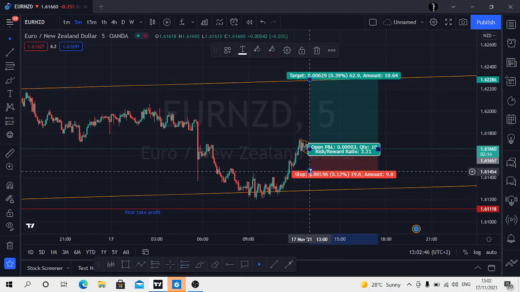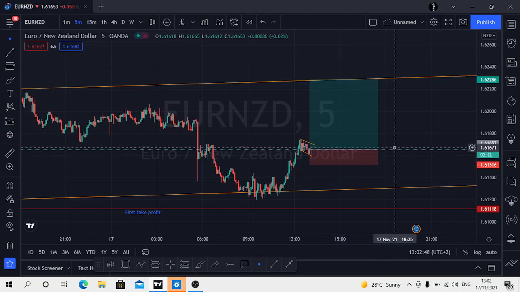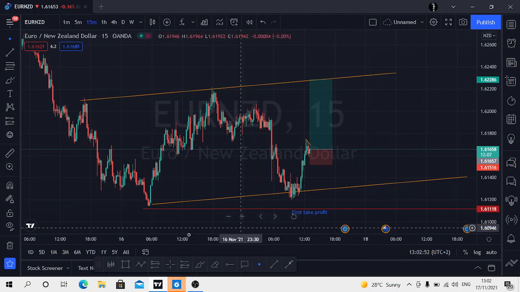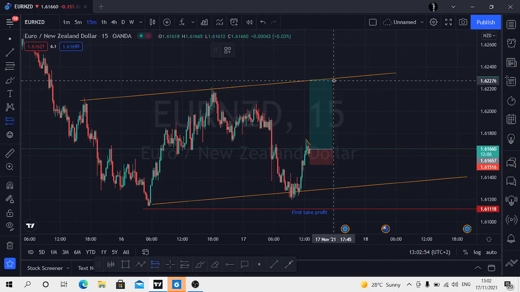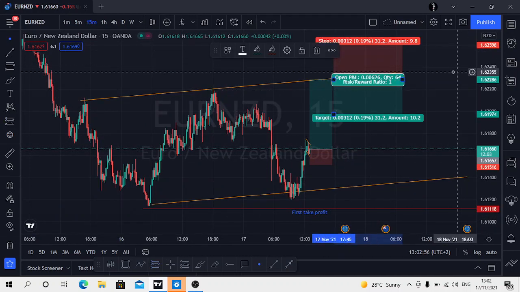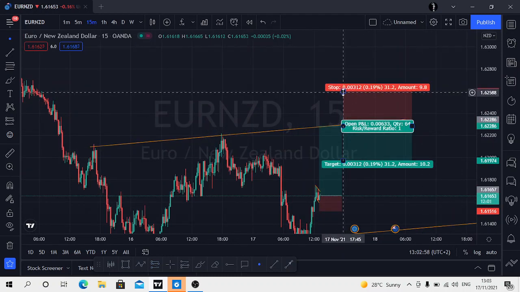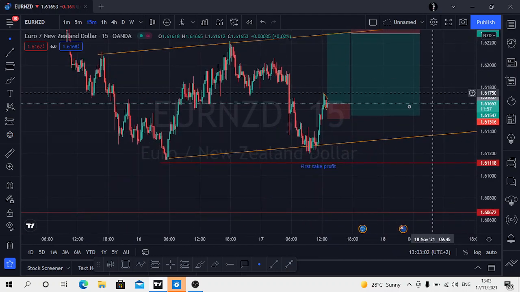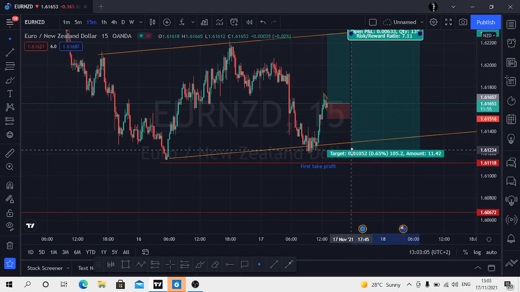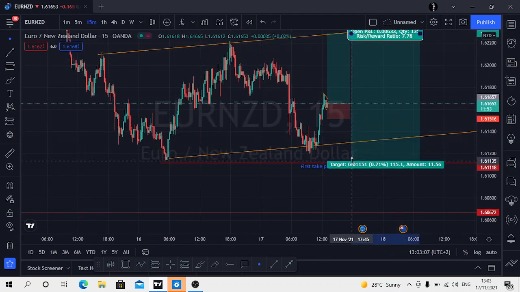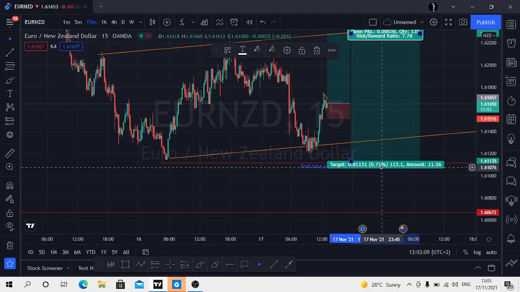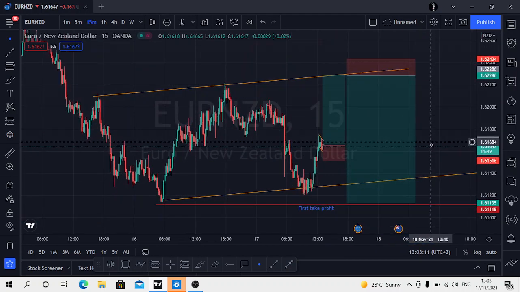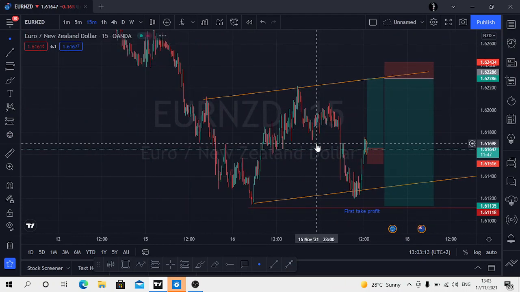That's going to be our first take profit right here, and then immediately as price reaches that particular level, we can place our sell positions from this particular point all the way down, gathering a nice 0.71%.